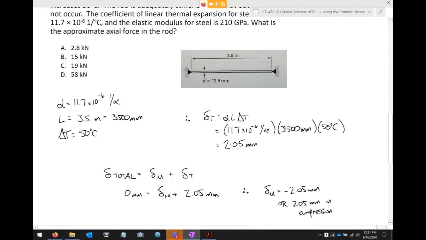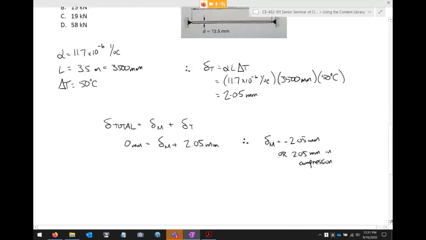So now we have to ask ourselves, we have a bar, we know what material it's made out of, we know how big around it is, how much force would cause it to displace 2.05 millimeters? Well, how do we do that? Well, I know how we do that.